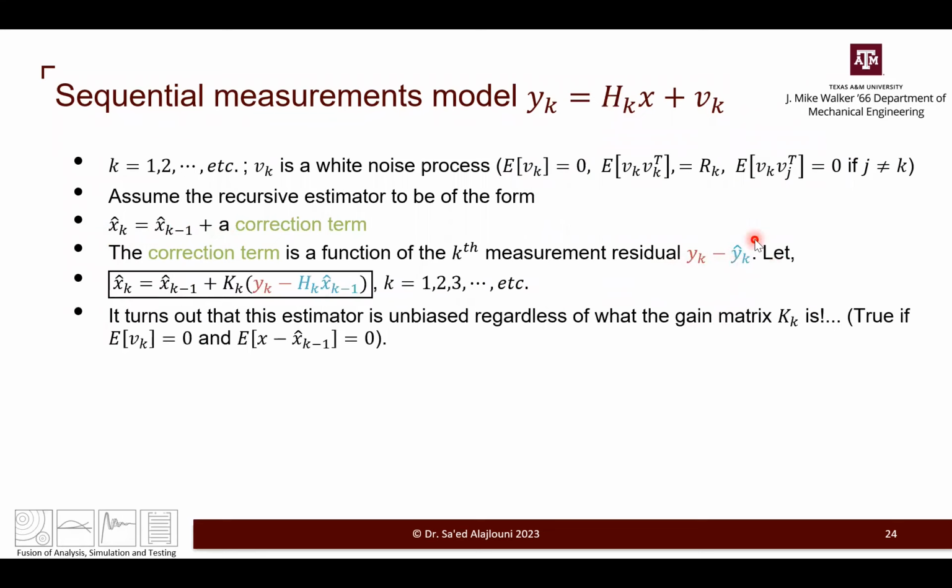So y hat is nothing but h sub k times the previous estimate, x hat of k minus 1. We subtract that from the measurement y sub k and we get the residual. And we're going to assume that we take a linear combination of this vector, and that's our correction term. The linear combination is defined by this K matrix, which is called the gain matrix.